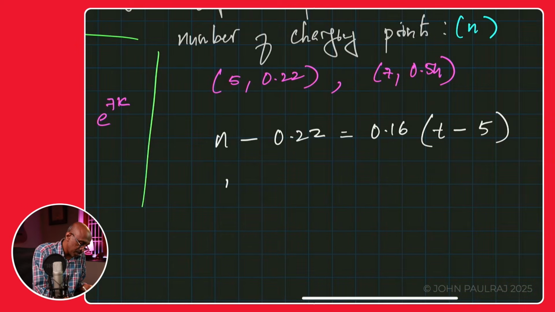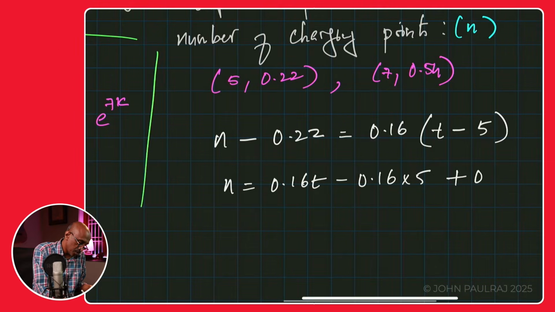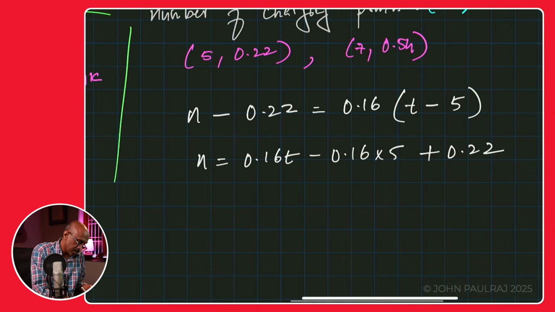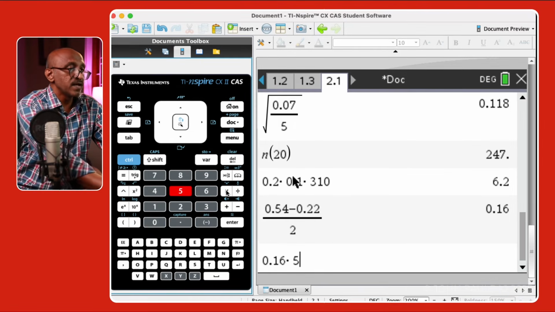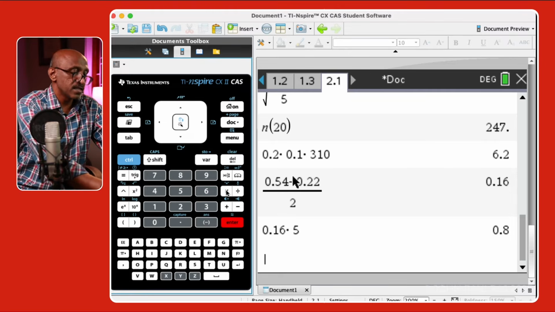So there we go, we can simplify this as n equals 0.16t minus 0.16 times 5, and plus 0.22. So let's simplify this. Going back to the calculator, 0.16 is there, right? I can multiply this by 5 and that value is 0.8. Is that correct?